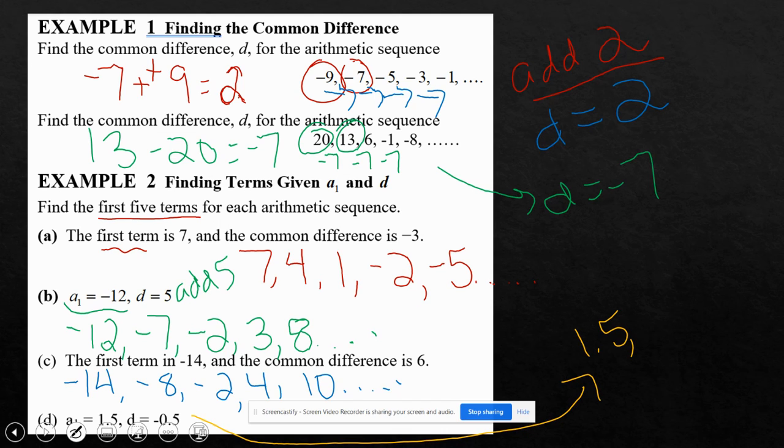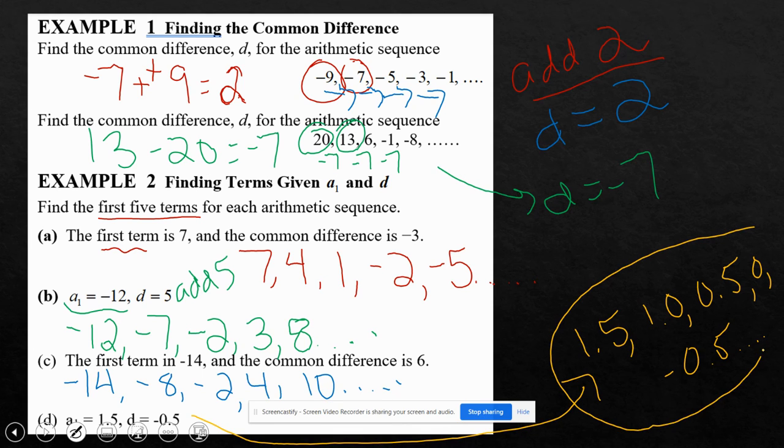So 1.5 minus 0.5 is 1. Minus 0.5 is 0.5. Minus 0.5 is 0. Minus 0.5 is -0.5. And so these are the first 5 terms in the sequence with this rule.